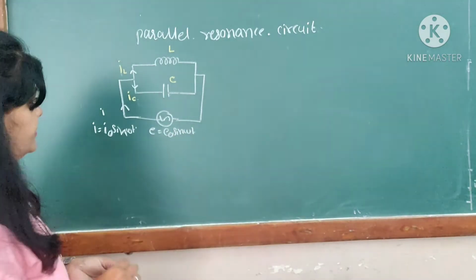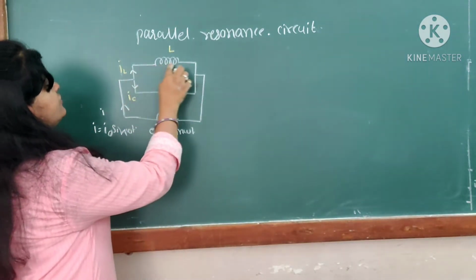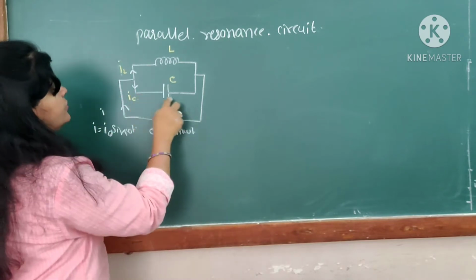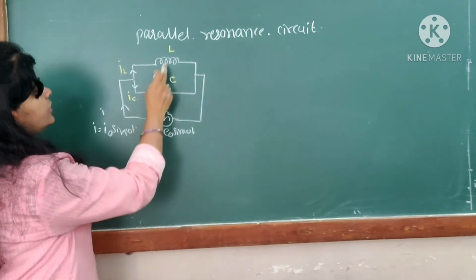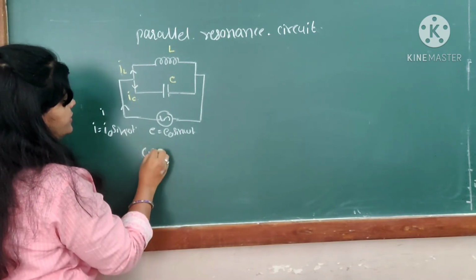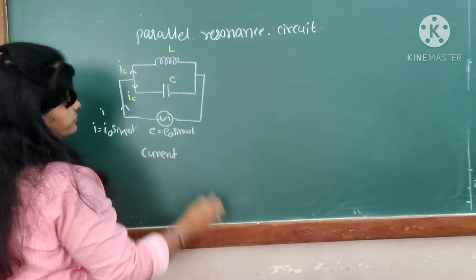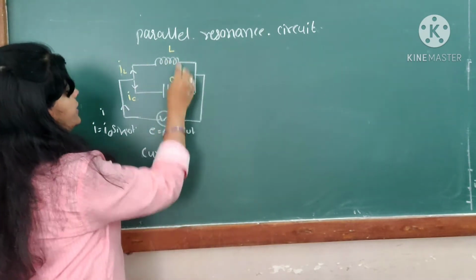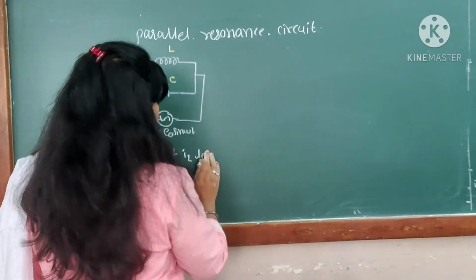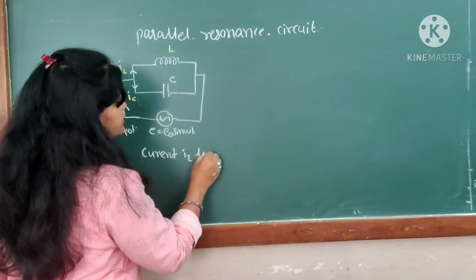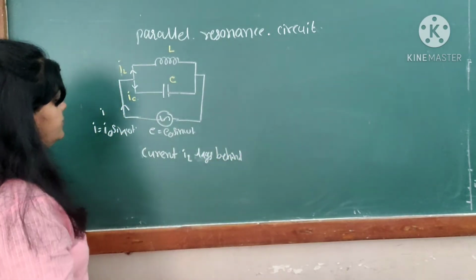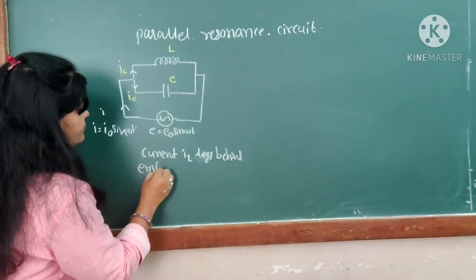There are two concepts. First is the current flowing through the inductor and through the capacitor. The current through the inductor, IL, lags behind the EMF.